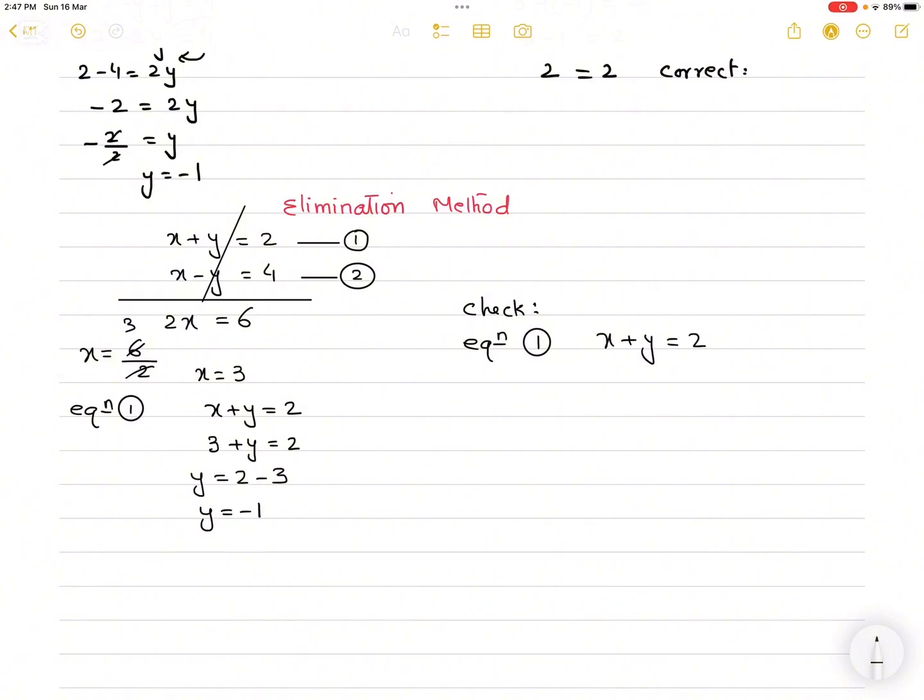So you place 3 in x and minus 1 in y. So 3 plus minus 1 equals 2. 3 minus 1 is 2, equals 2. So your answers are correct because you got the same values on either side of the equal sign.